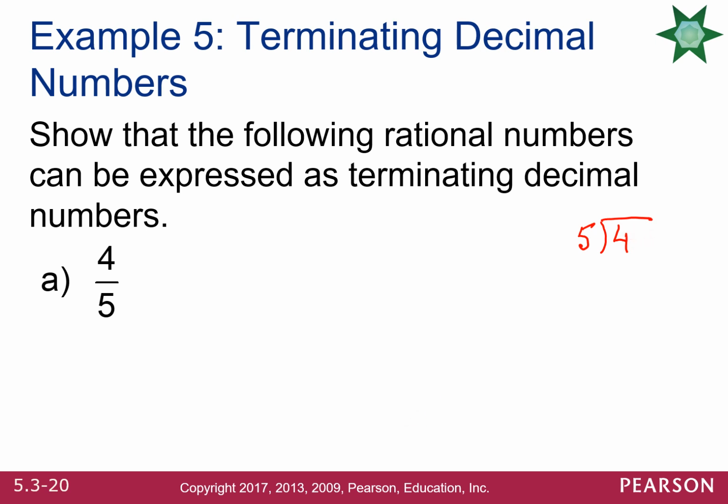Now, if we put a decimal point here, then we can write a 0 next to the 4. Now, when a number starts with a decimal point, it's always good practice to put a 0 to the left of the decimal point. All right, because sometimes the decimal point may not be visible, especially if you're writing with pencil or in a hurry.